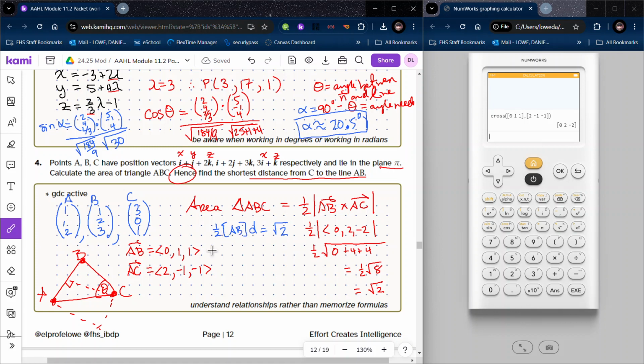Now, what's the length from A to B? The length from A to B is nothing more than the magnitude of that directional vector from A to B. So that's going to be 1/2 square root of 0 plus 1 plus 1, times the distance, and that needs to be the square root of 2.